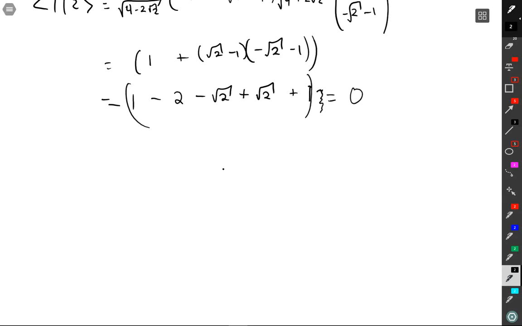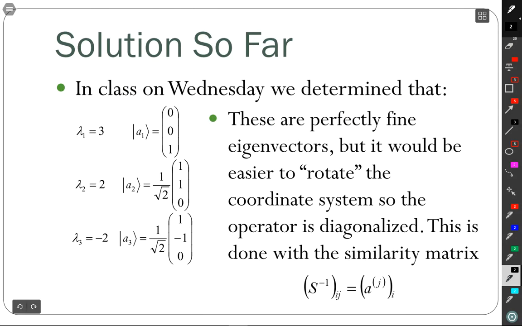And so we do that through a similarity matrix. And at this point, you should be saying, what in the world is this similarity matrix? Why are you springing all this stuff out on me, the last lecture before the exam? The similarity matrix is a transforming matrix as indicated here.